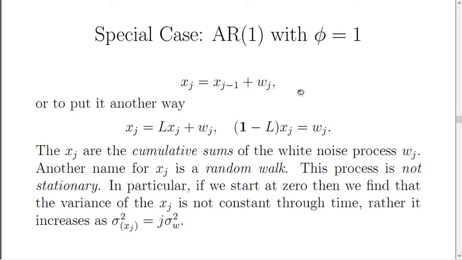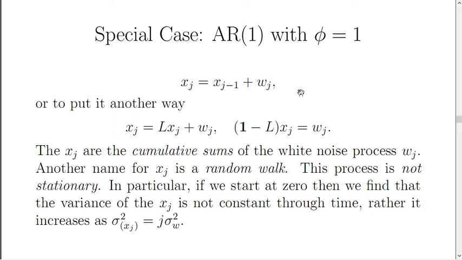This process is very interesting, has a lot of applications. We'll talk a good deal more about it in later lessons, but for now I'm just going to mention it. By the way, the important thing to realize is that this process is not stationary. In particular, let's suppose that the first value is equal to 0. The next value would be that plus a white noise term. The next value after that would be plus another white noise term.